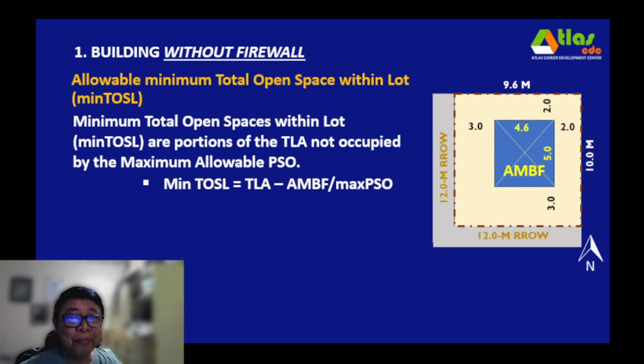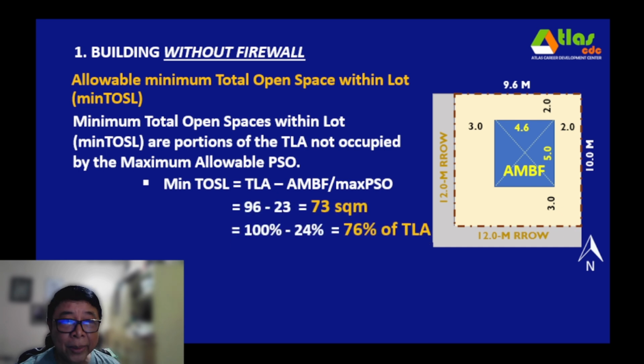So let us deduct this AMBF of 23 square meters that we have derived earlier. Will give you 73 square meters as your minimum TOSL, or if we deduct the maximum PSO of 24% from the 100% TLA, will give you the minimum TOSL at 76%.